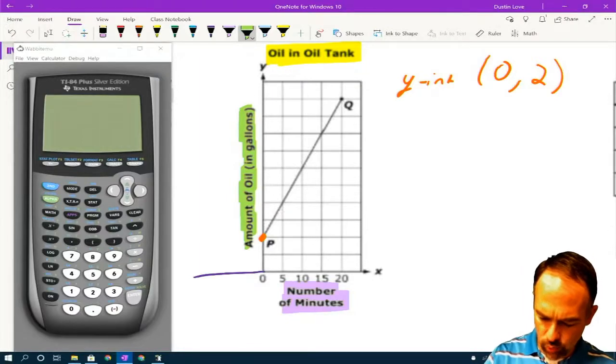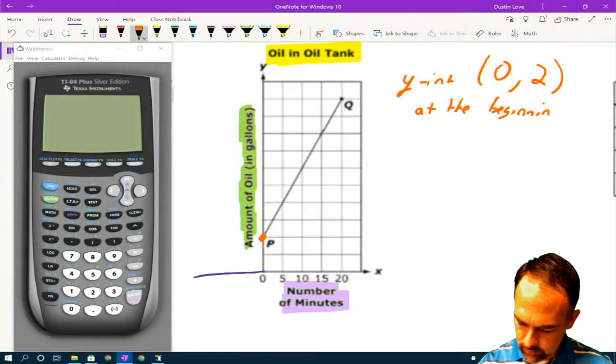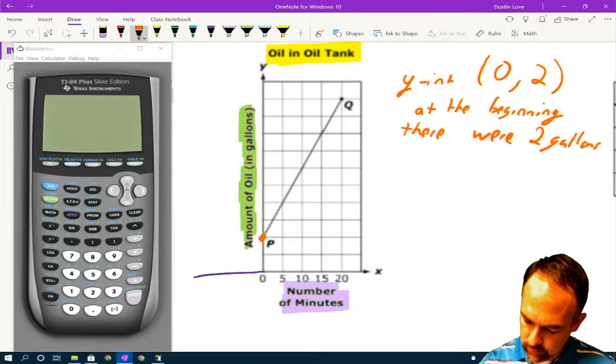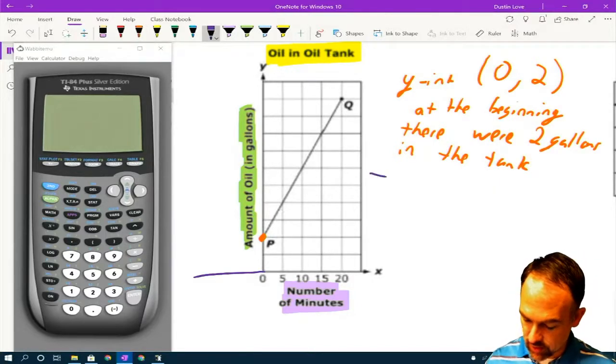Okay, so what does the y-intercept mean? (0, 2)? Well, at the beginning, I guess when we started filling it up, there were 2 gallons in the tank. Okay, there's no x-intercept here, so we can talk about slope.